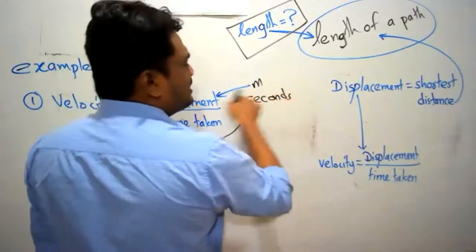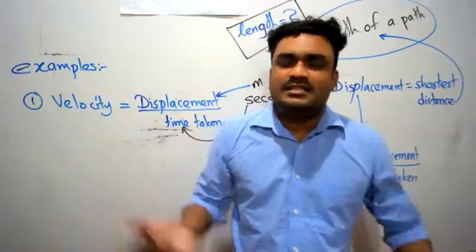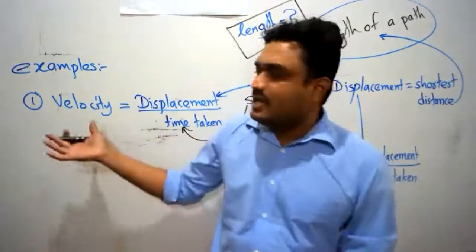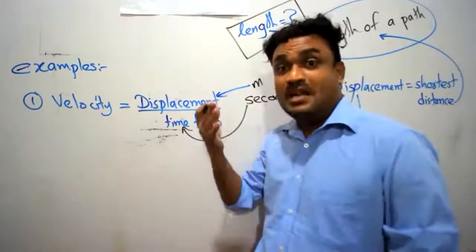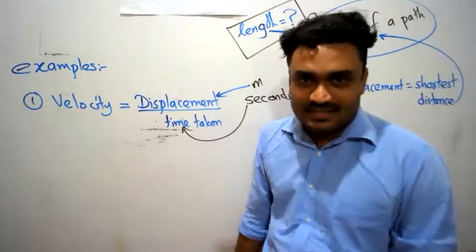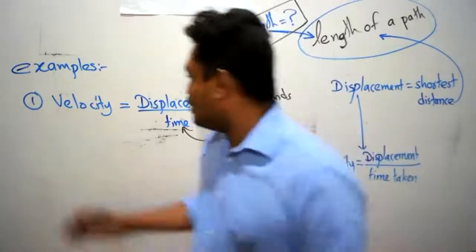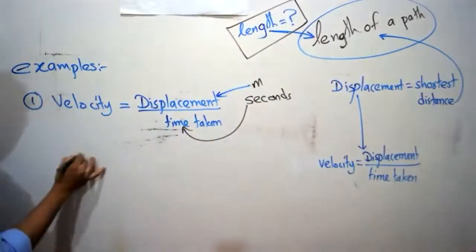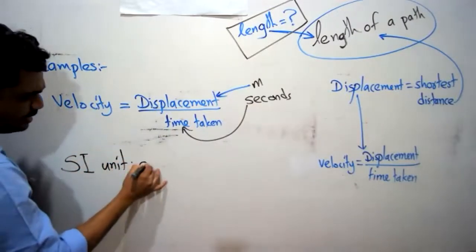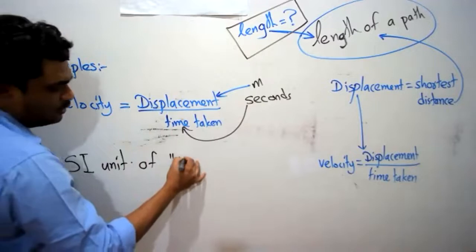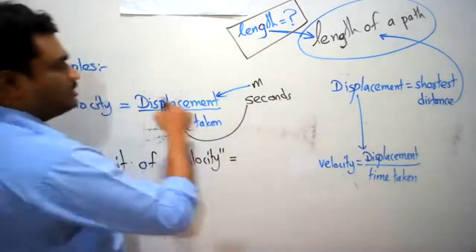These things are very simple, dear. Within one hour, we can cover these things. It's a waste of time if you take so many examples for the units and dimensions lesson, and if you do millions of questions for units and dimensions, it means you are mad. So what is the SI unit of velocity?